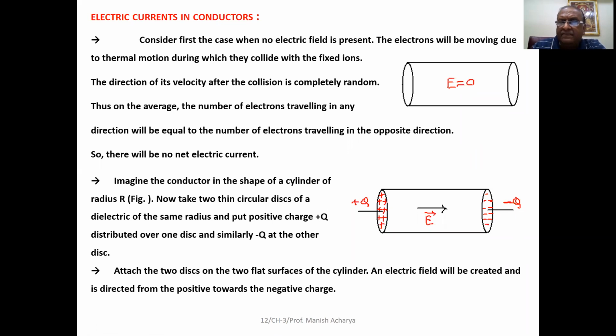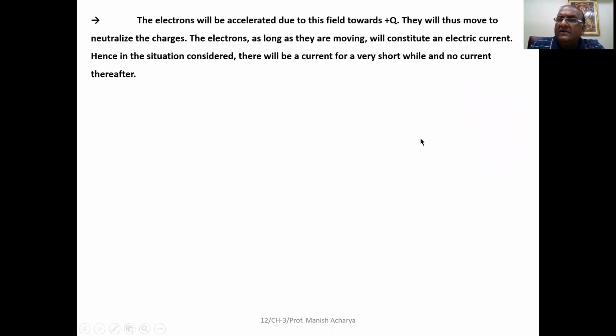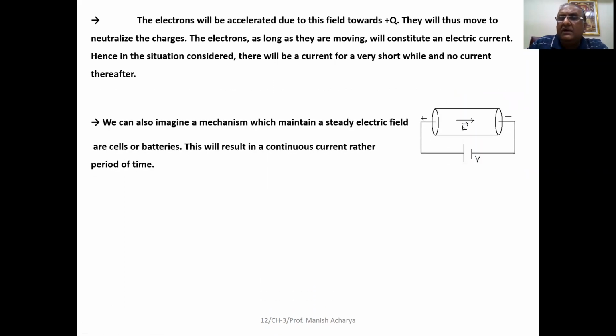But suppose we want to produce a steady current, then what do we have to do? Then we have to make provision of a constant electric field inside the conductor.